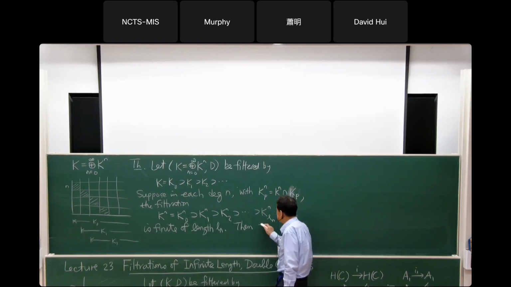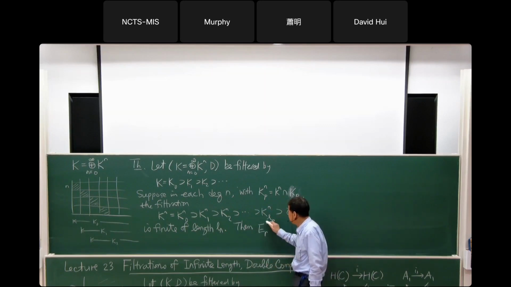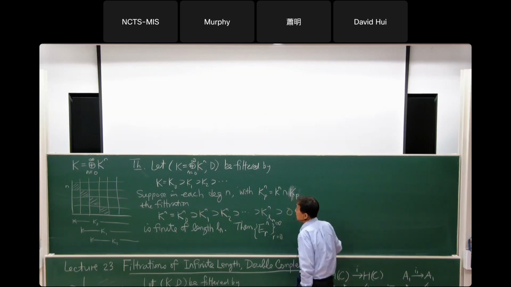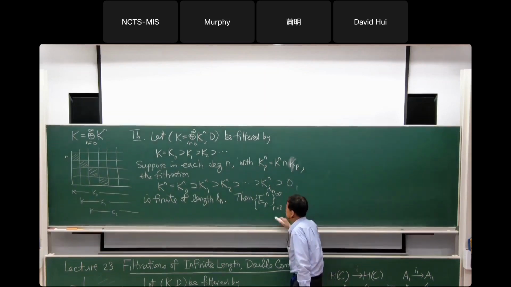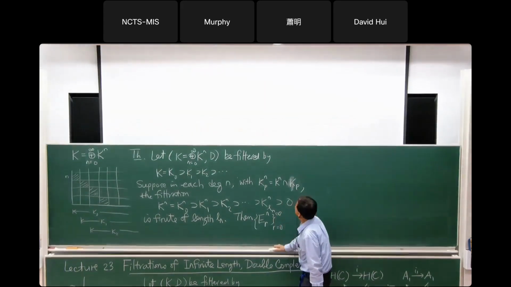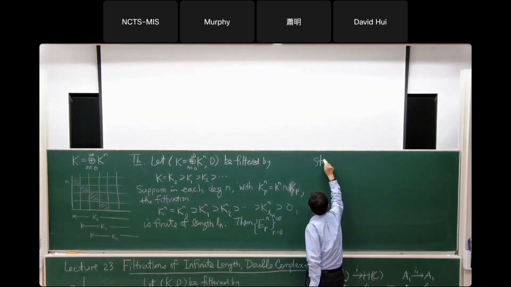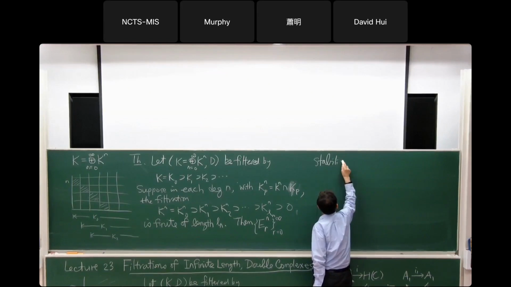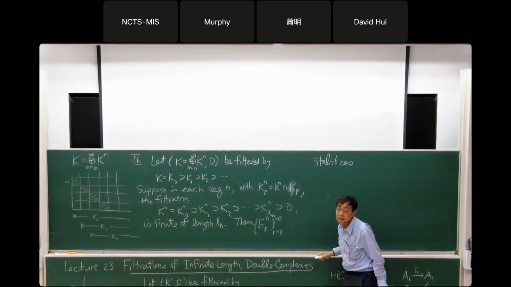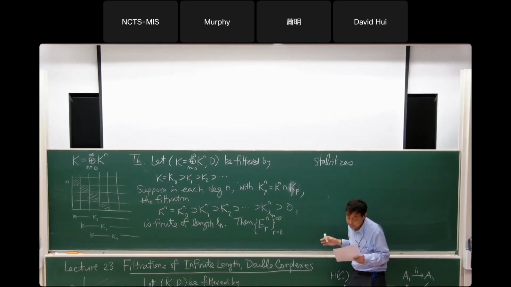Okay, then the spectral sequence E_r in degree n stabilizes. That means it becomes constant after a while.